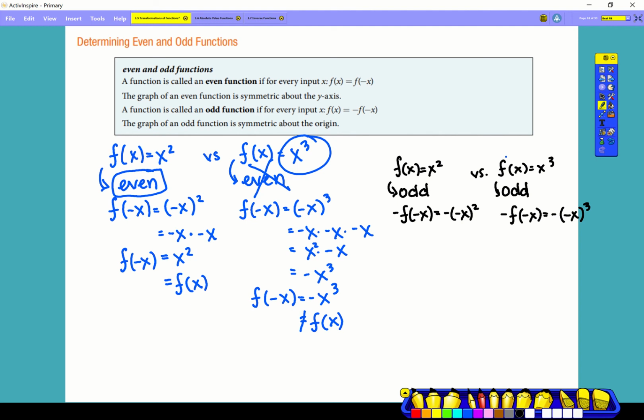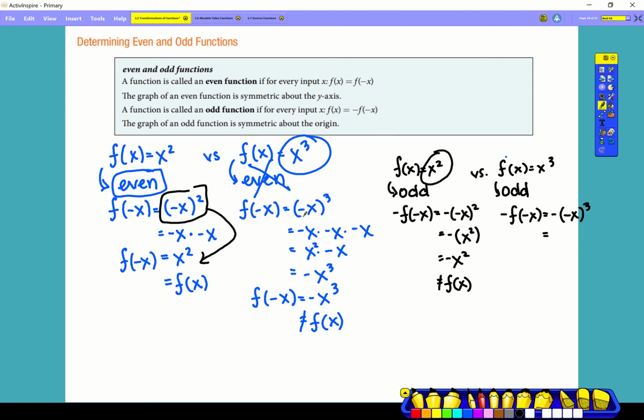Okay. Well, from my previous work, when I checked for being even, I know that negative x squared is just going to be x squared. So that's going to give me negative x squared. So this one is not equal to our original function of x squared. Well, what about x cubed?